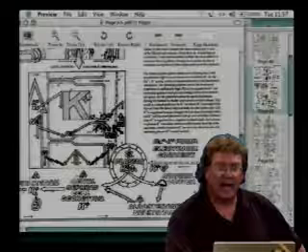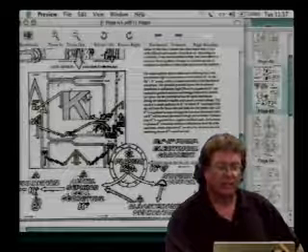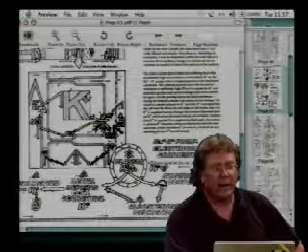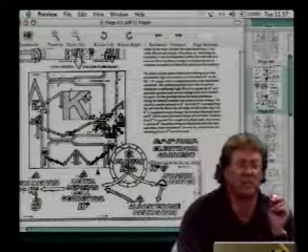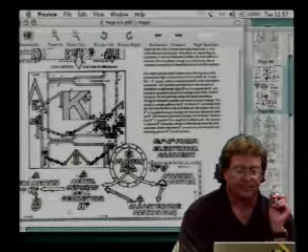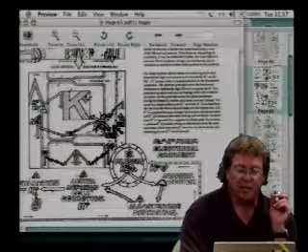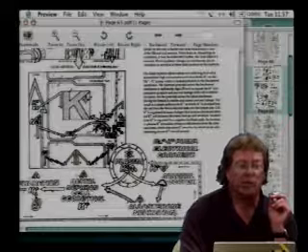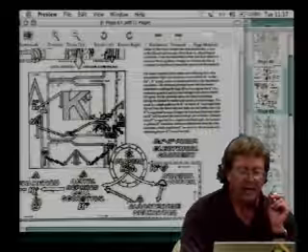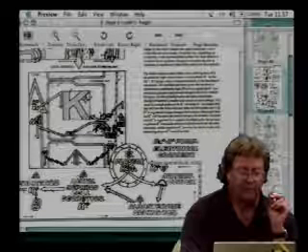Aldosterone has as its target cell the distal nephron. So in fact, most of our regulation, our tuning of potassium occurs in the distal nephron. At the distal nephron, aldosterone produces an increase in potassium excretion.